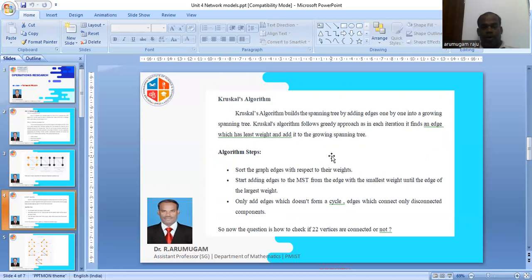The algorithm steps: sort the graph edges with respect to their weights. Start adding edges to the minimum spanning tree, from the edges with the smallest weights until the edge with the largest weight.